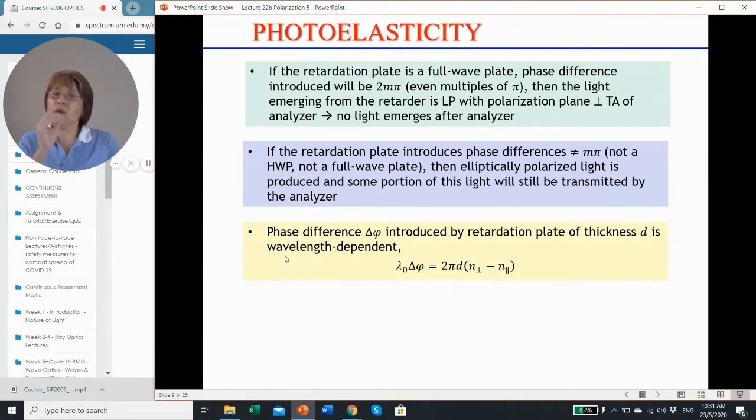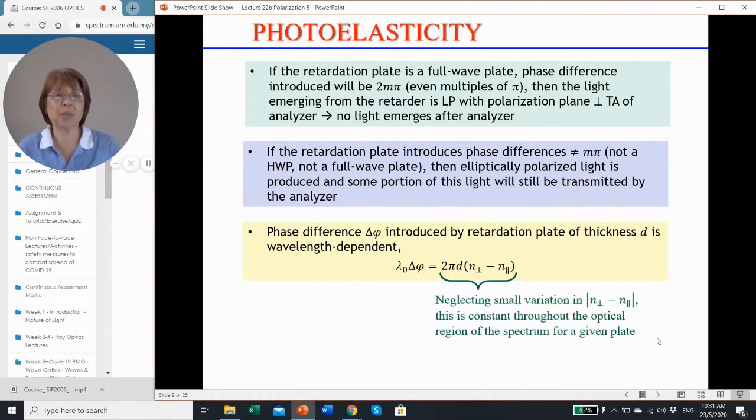So there would be a phase difference that's introduced by the retardation plate. If the retardation plate has a thickness of d, it would be wavelength dependent as given by this expression here, where we have the wavelength multiplied by the phase difference equal to 2 pi d multiplied by the difference in the refractive indices due to birefringence in the material.